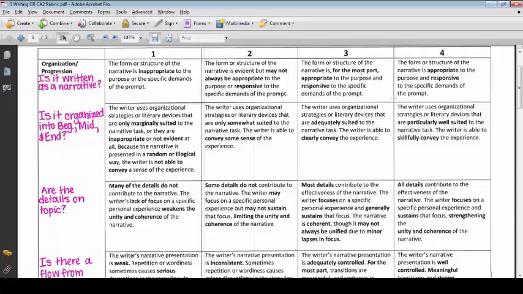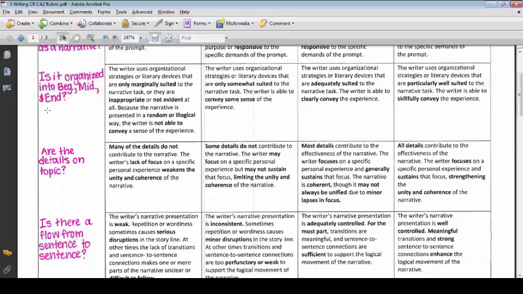A level 3 is, it is a narrative, and it does respond to the prompt. And then a level 4 is, yes, it answers every single thing in the prompt, and it's very purposeful when it does so. That's the similar thought pattern you should take for each of the indicators.